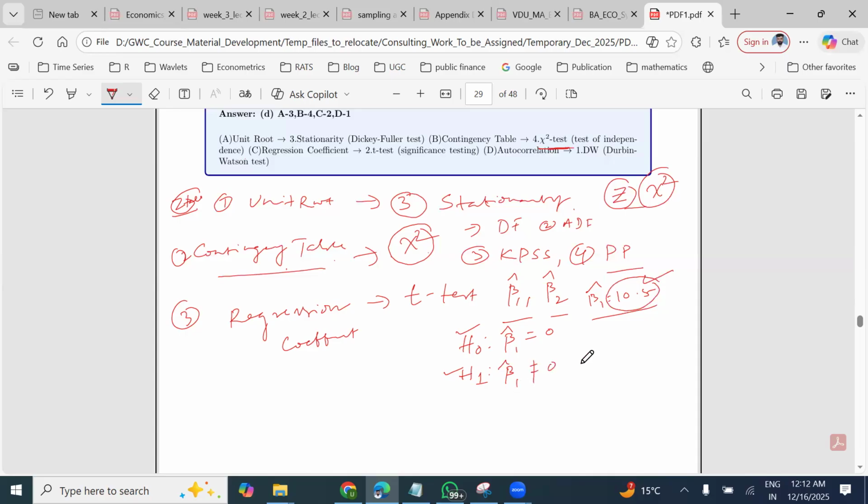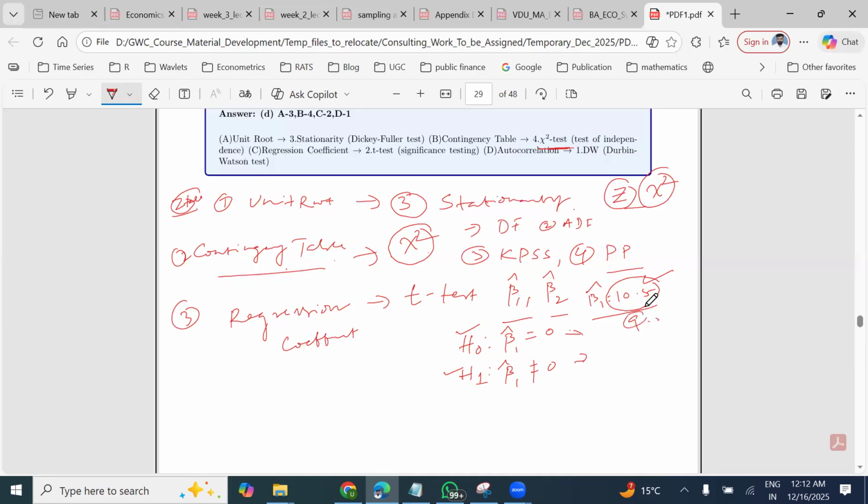If it is not equal to 0, it can take any other value, isn't it? Yes or no? You have understood this null hypothesis formulation, right? Yes, sir. If I get 9 also, that is fine, because it is not equal to 0.